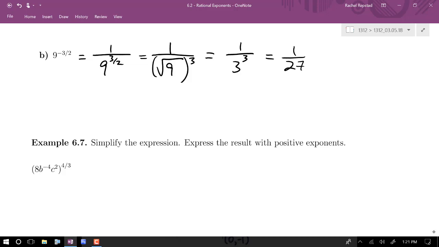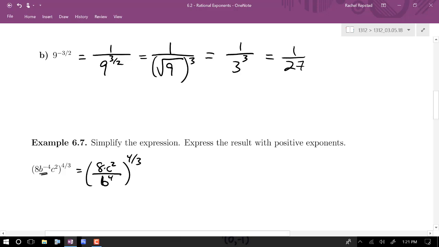I would start this one out personally by rewriting the stuff in the parentheses as a fraction. I know I've got a b to the 4th in the denominator, and up top I have 8c squared, and this is all to the 4/3. Now, if you had started off by just distributing the 4/3 power to everything in the product, that's fine. You'll get the same answer eventually.